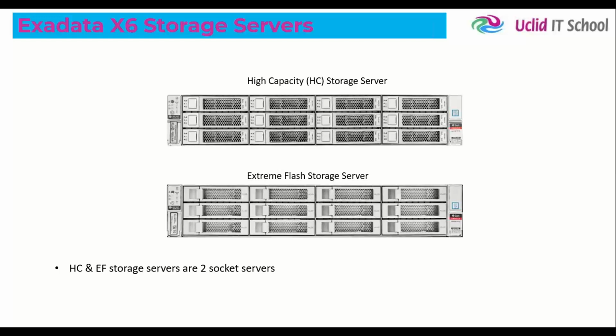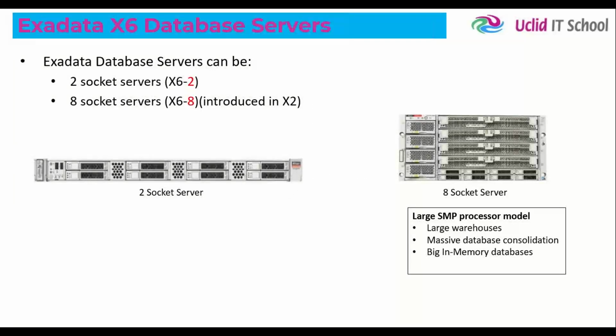That is only in the database servers. 2 socket or 8 socket is only for database servers. Accordingly, X6-2 to X6-8, X7-2 to X7-8, X8-2 to X8-8, X5-2 to X5-8. So looking at the nomenclature, you can tell the story. You can understand the difference.